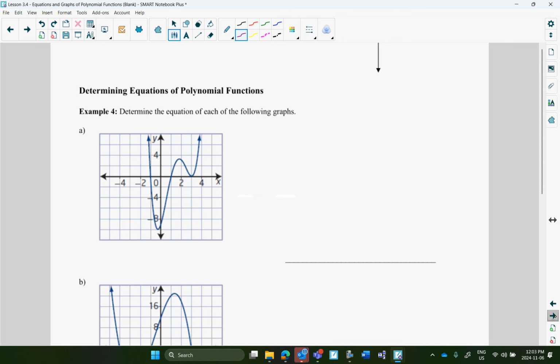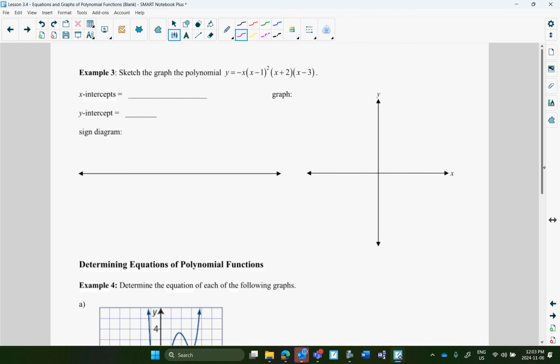And this is the last thing we're going to do here. So this is a very common question. It usually appears on the provincial every year. But obviously different numbers.